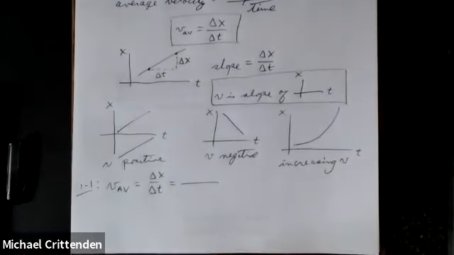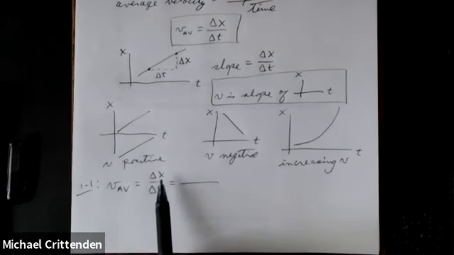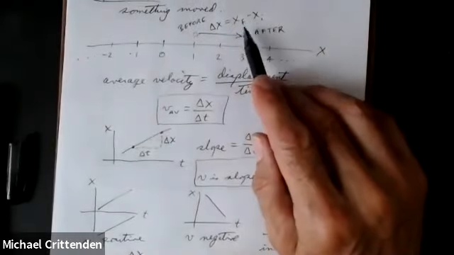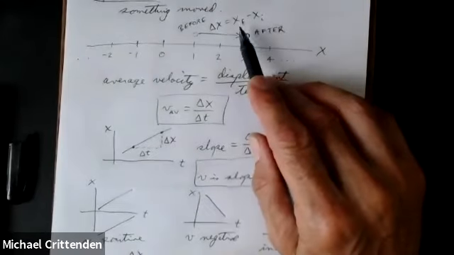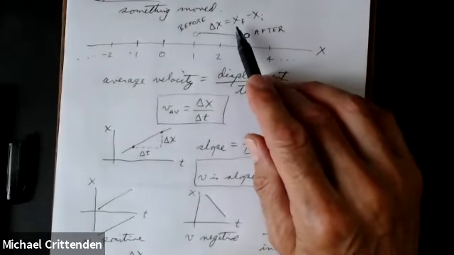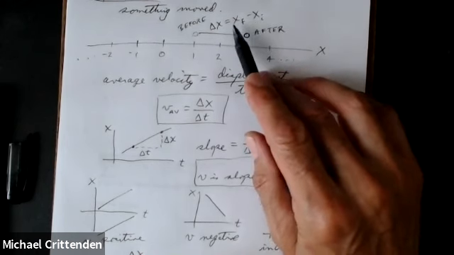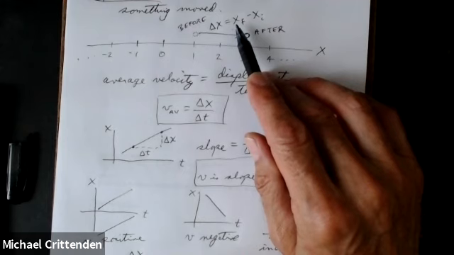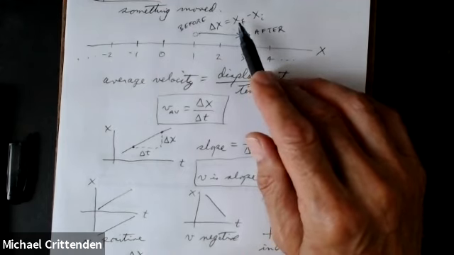The question tells us that the bus covered a total distance of 10 miles. This is irrelevant information. Delta x does not mean how many miles did you run up on the bus's odometer. Delta x means how far from where you started to where you ended up. And in the case of the school bus, where it started and where it ended up are the same place, at the school.